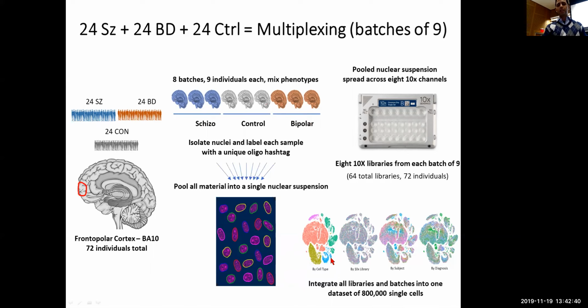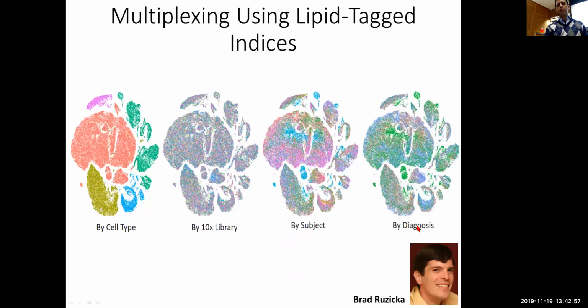And then you can ask, if I label these individual cells by sample, or by which library I used, or by which individual was the donor, or by the particular diagnosis of bipolar, schizophrenia, or control, what is that intermixing?